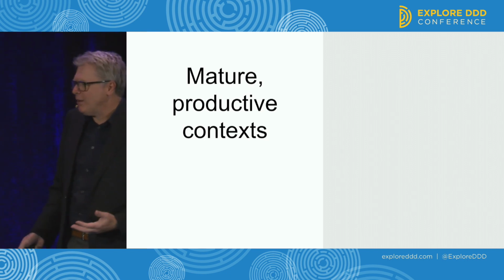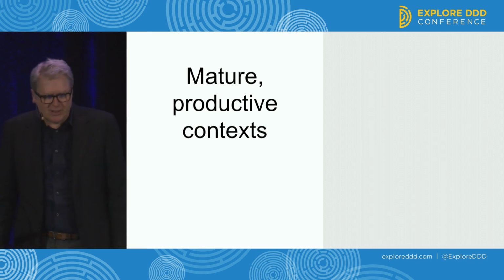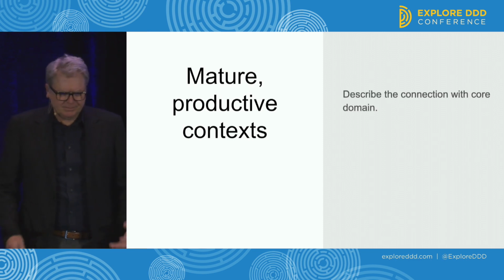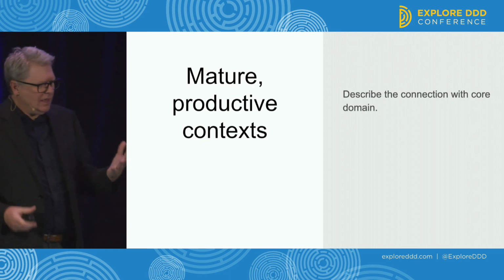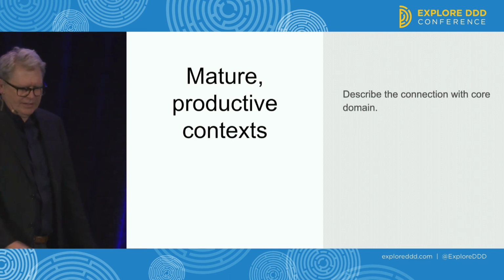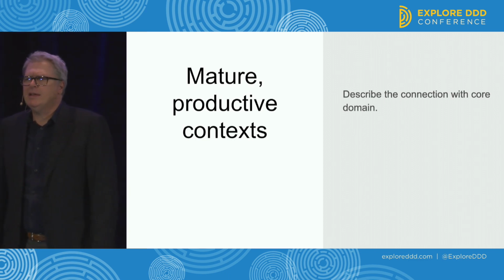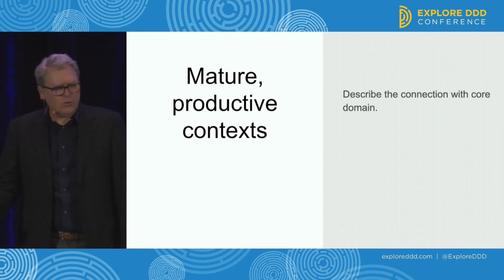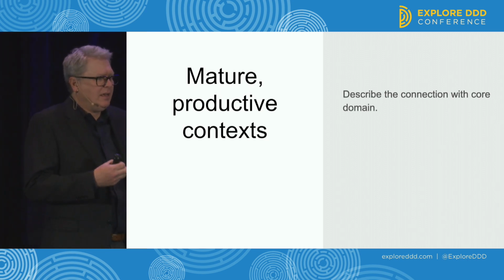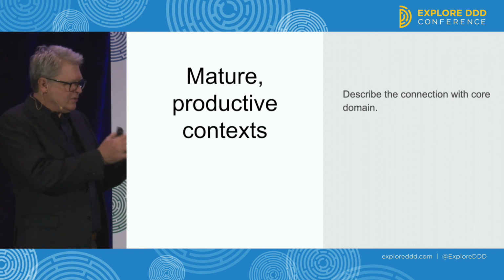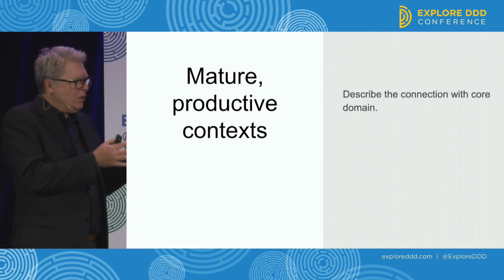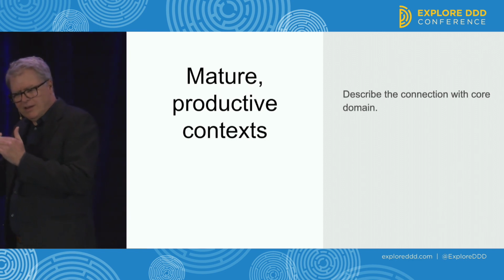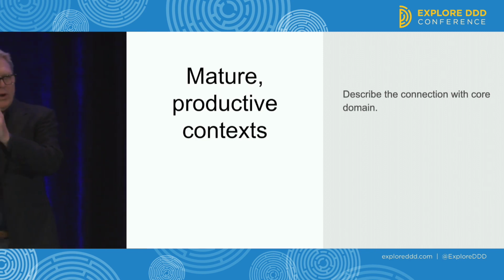Maybe we could have vocabulary for describing different kinds of contexts, like here is a mature context, and what is its relationship with the core domain? Is it providing certain services in the core domain? We could try to catalog those things so that we know what makes the internals of this thing important.